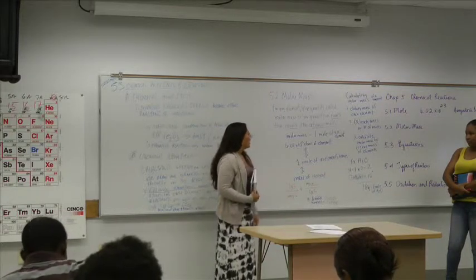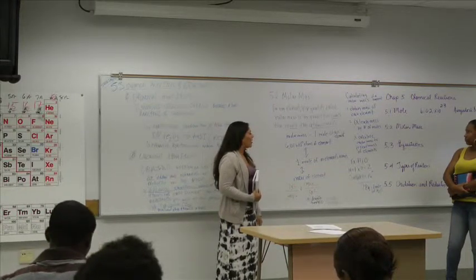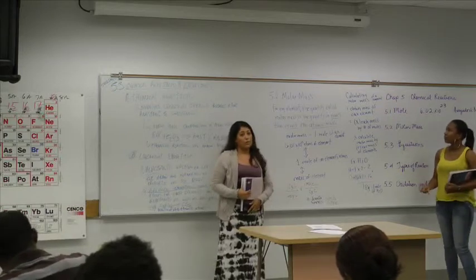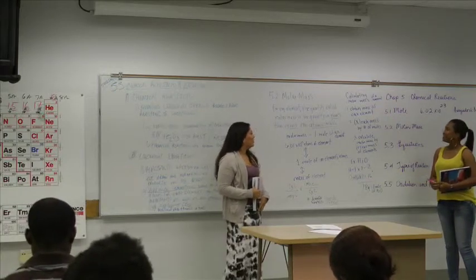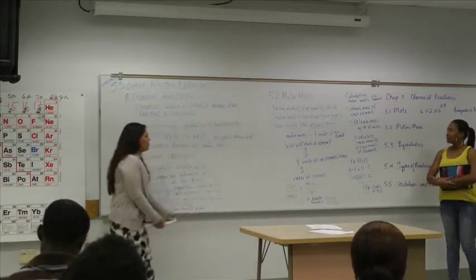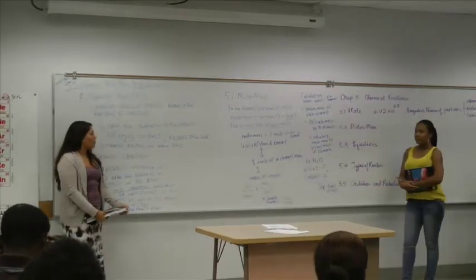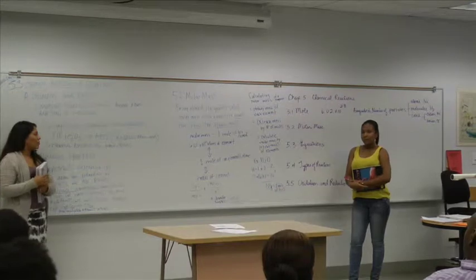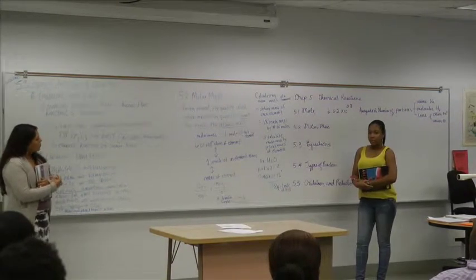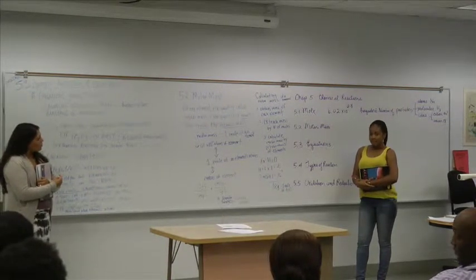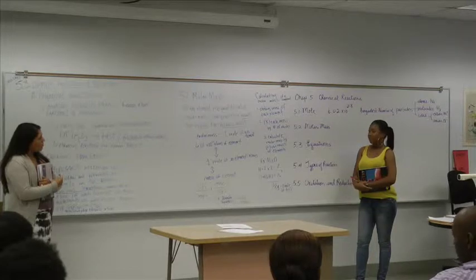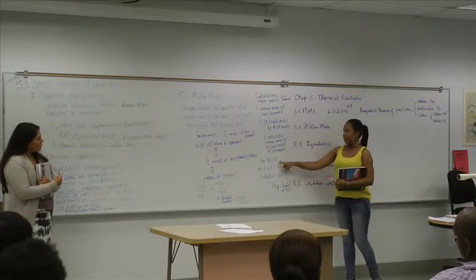Sandy's going to explain how to calculate the molar mass of a compound. To calculate the molar mass of a compound, you first obtain the mass of each element, then multiply it by the number of that element, then add them up. You have an example right here.